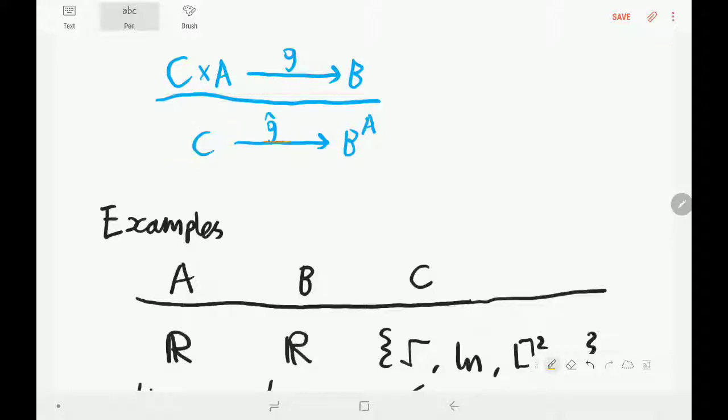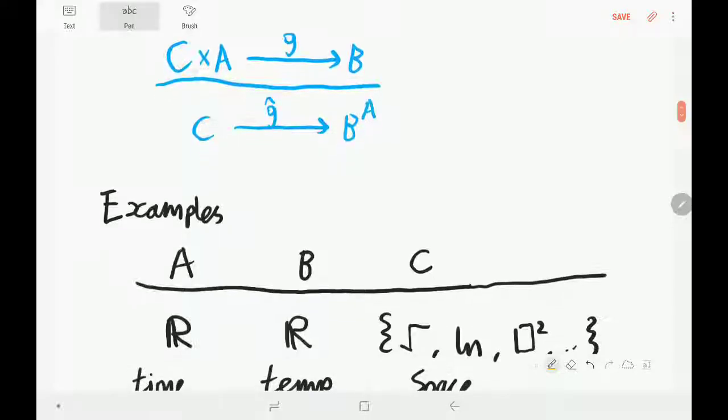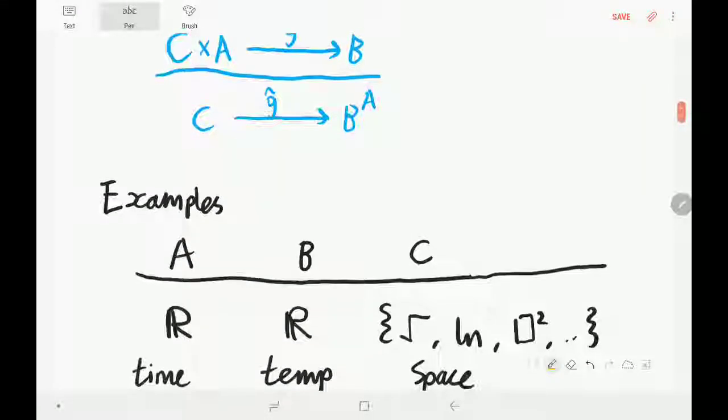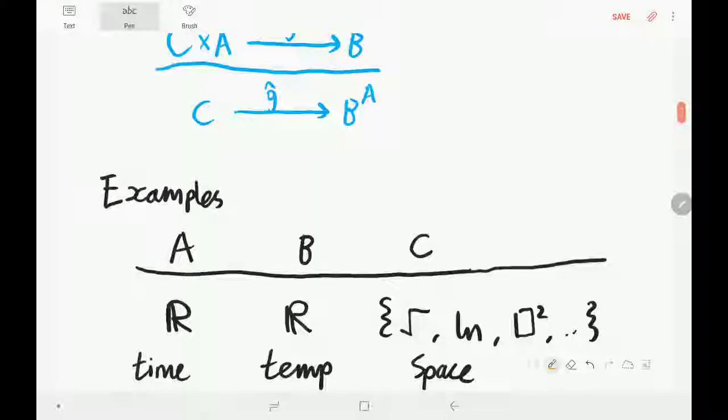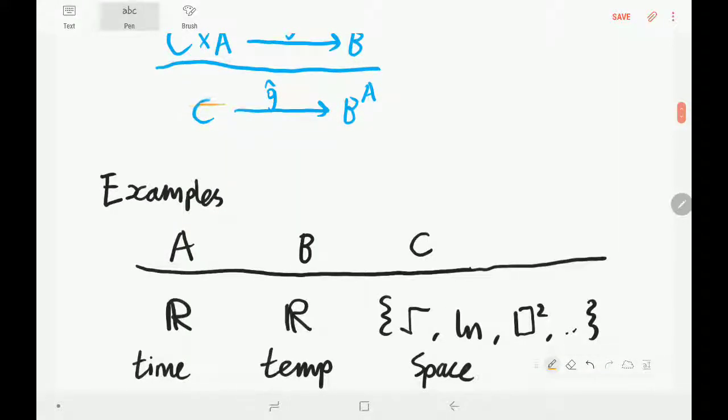Now, what's this equivalent kind of transpose idea? Well, it'll take a point in space and associate that with a map from time to temperature. Okay.